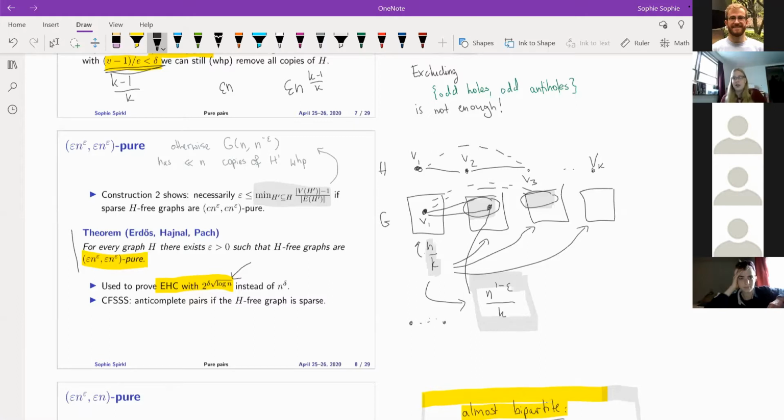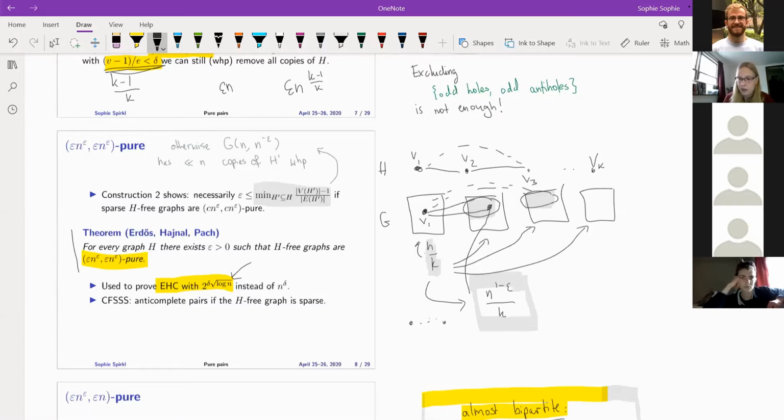As long as we can get each vertex that we fix, each vertex of G that we choose to be a certain vertex of H, in such a way that the number of candidates for each remaining vertex of H that we haven't embedded remains large, goes down by a factor of at most n to the epsilon in each step, we're happy.